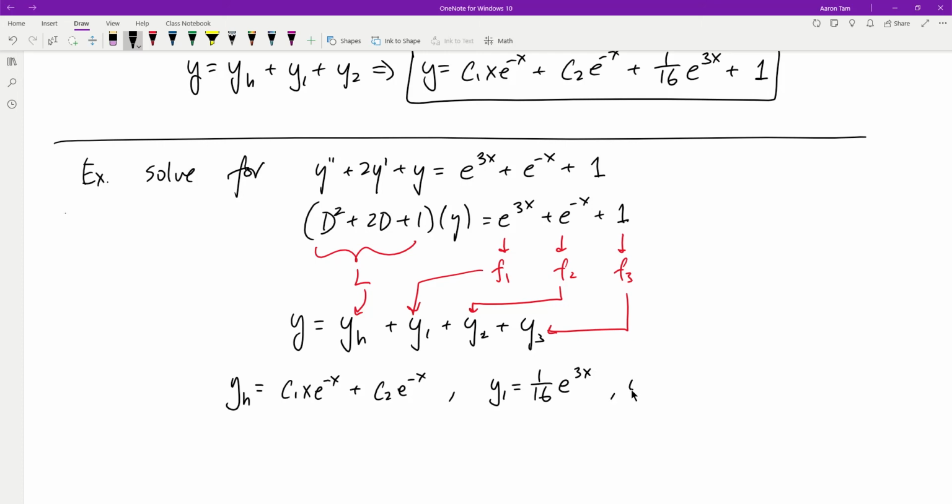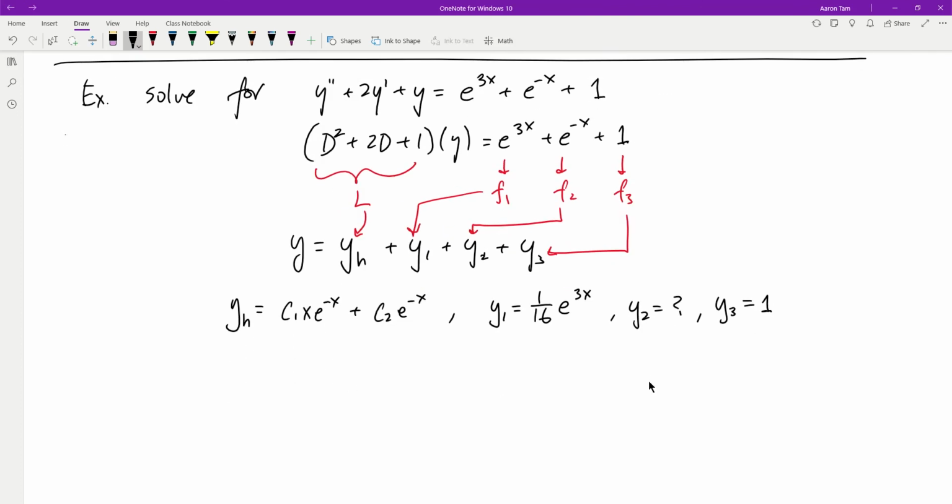We don't know what y2 is. That's what we need to figure out. But we do know what y3 is. y3 is just 1. So we just have to figure out what y2 is. So how do I figure out y2? y2 is basically looking for the particular solution that works with e to negative x.